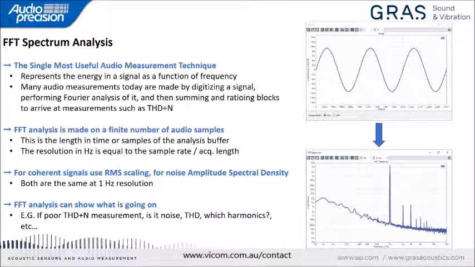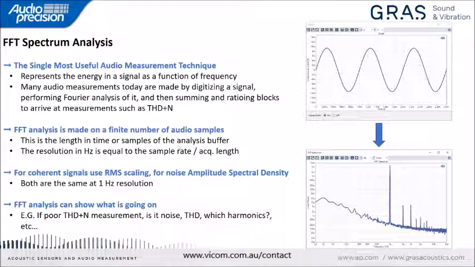And I won't go into the full depth of it, but I will say a couple of important things. So the first is that in FFT analysis, this is always done on a finite number of audio samples.